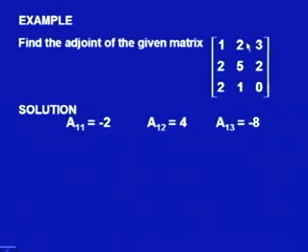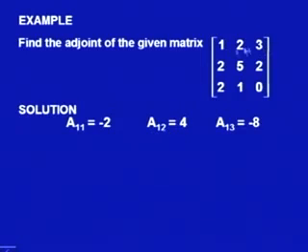A12 is the cofactor of this element, which is obtained by neglecting this row and this column, and what we have is 2 into 0 minus 2 into 2, that is actually determinant minus 4, and I use the checkered pattern for getting the sign of the cofactor.